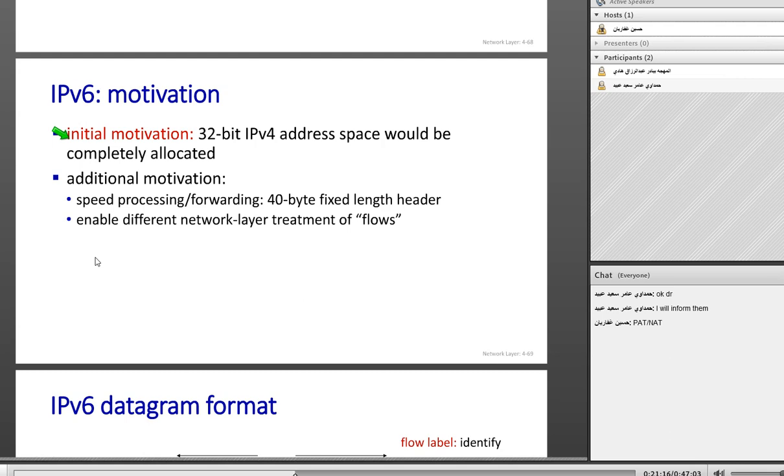So another motivation in IP version 6 is that the scientists made the header of IP version 6 simpler than the header of IP version 4. And also, the header of IP version 6 is fixed, 40 bytes fixed.